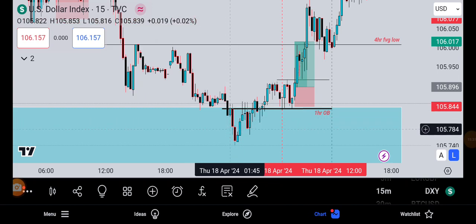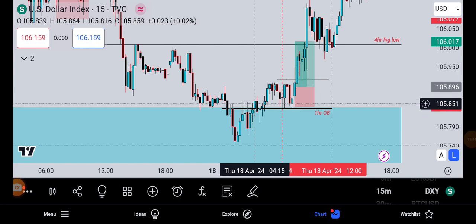As you can see, the bearish arrays were being violated, but bullish arrays that were being formed were being respected. We have this fair value gap. The market dipped into it, then we can see this rally higher, creating this order block. The market retraced lower, tapped into this order block, respecting this bullish array.